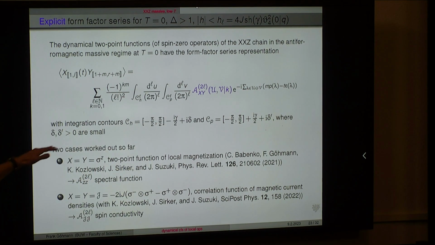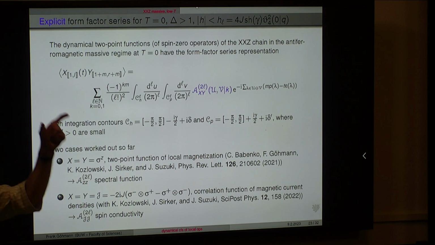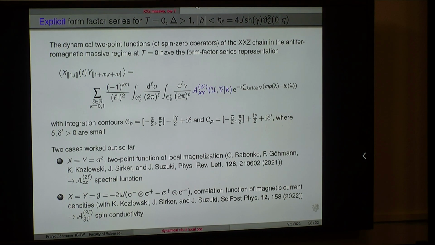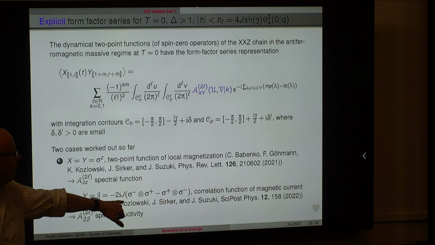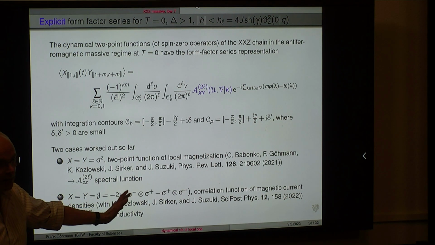This is the picture. The contours are simple, just intervals from minus pi/2 to pi/2, shifted a bit up or down in the complex plane. And the two simple cases I just showed you, where only rho appears, is when we have sigma z correlation functions, or the current correlation functions. They're both equally simple, right?